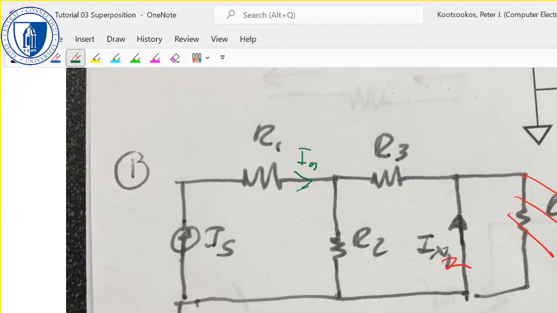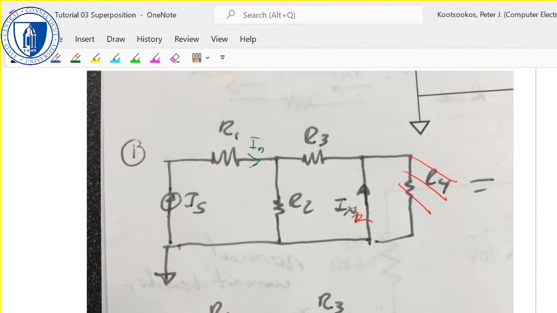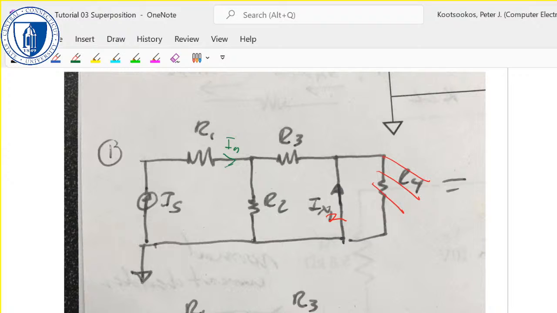I think the resistance values change, but the approach is exactly the same. So here's I in, and normally the output current is flowing in the same direction.